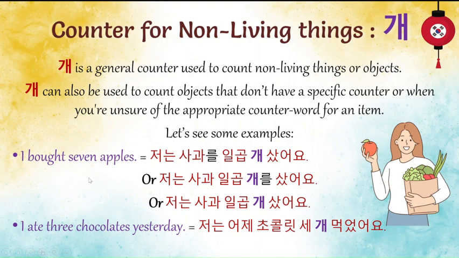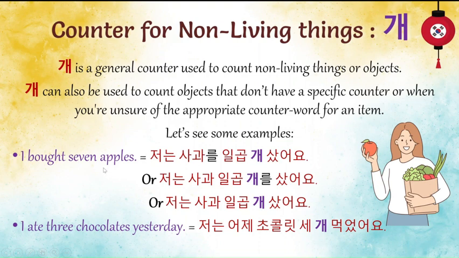Now I have already introduced you to the structure we use while talking about counters in a sentence. I have already told you this in the introduction video of Korean counters, so you can go and understand the structure.